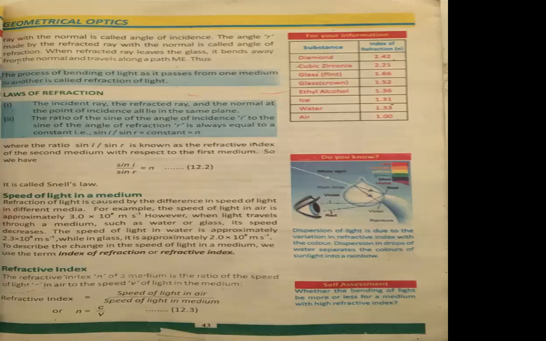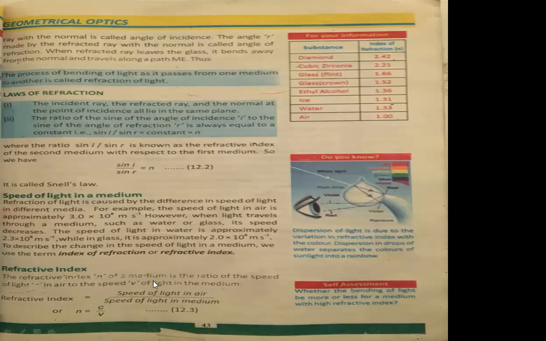The formula is the speed of light in air divided by the speed of light in the medium. The refractive index is denoted by small n, the speed of light in air by c, which is 3 × 10^8, and the speed of light in the medium, such as water or glass, by v. So n equals c divided by v. This is the formula for refractive index.